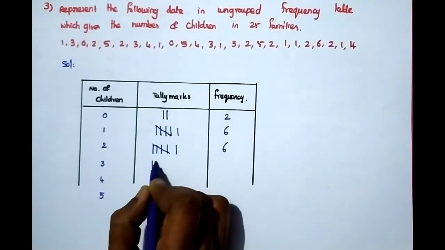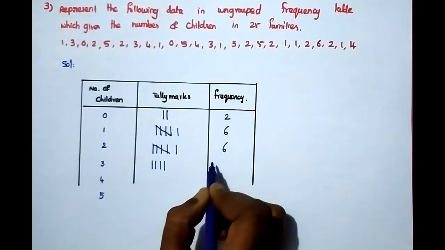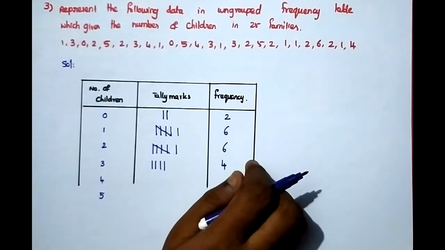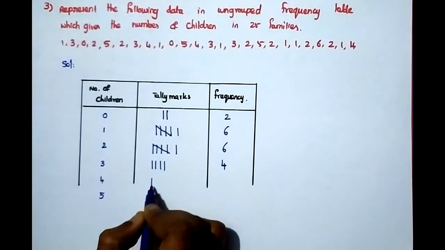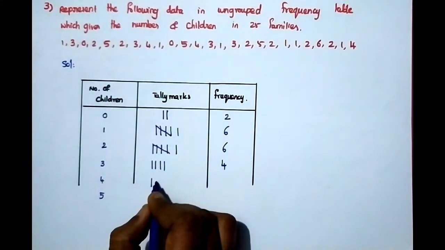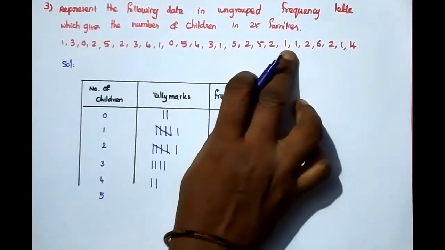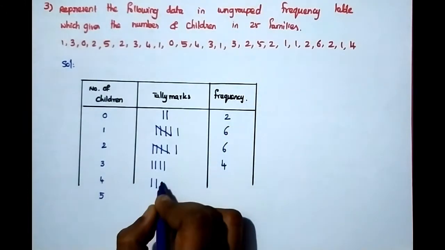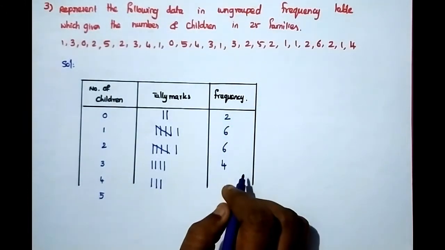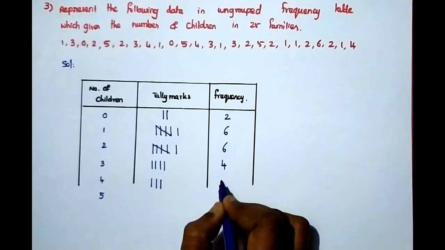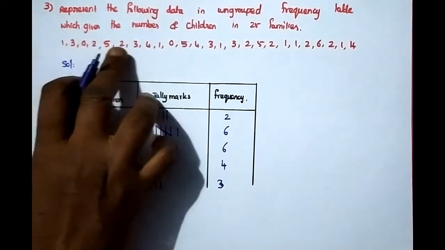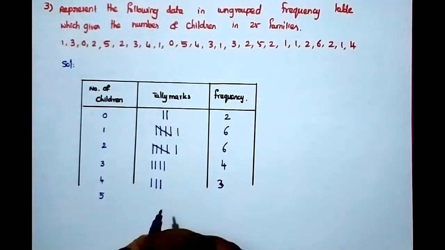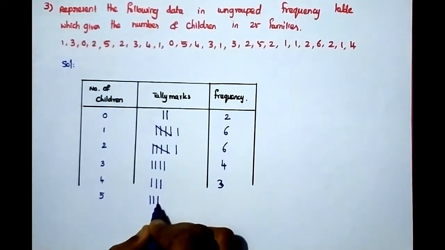That's also 4 here. Next one 4. 1, 2, 3. 3 fours, and then 5. 1, 2, 3. 3 fives are there.